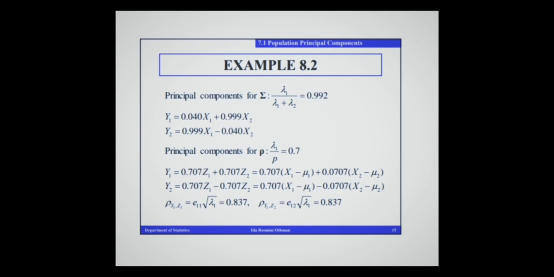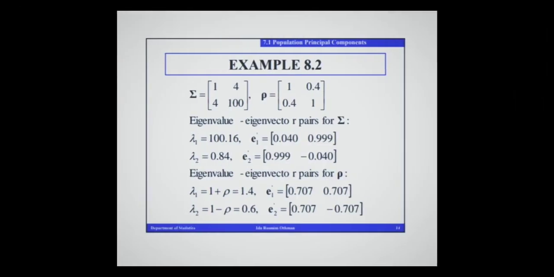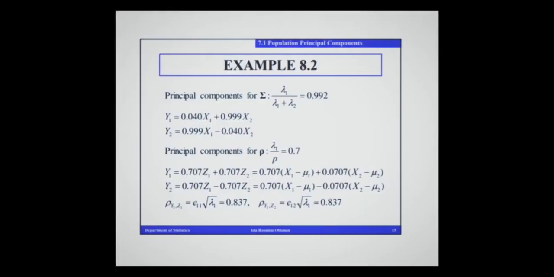Okay, so if we are using the matrix of big sigma, these two values are what you will get for the principal component. All these values here are from the eigenvector from before, the normalized eigenvector.